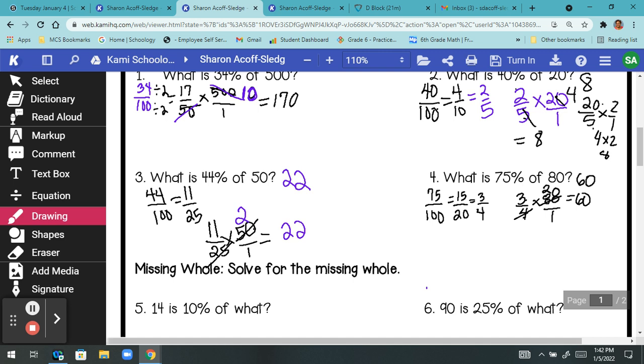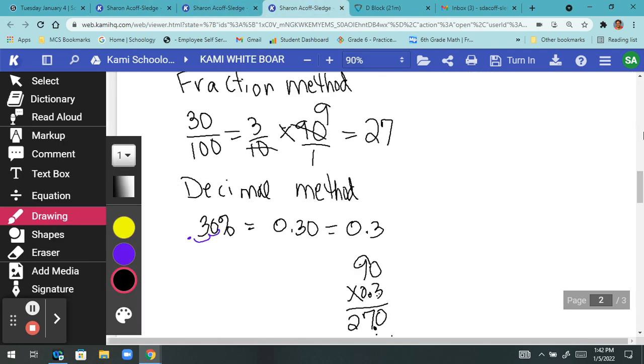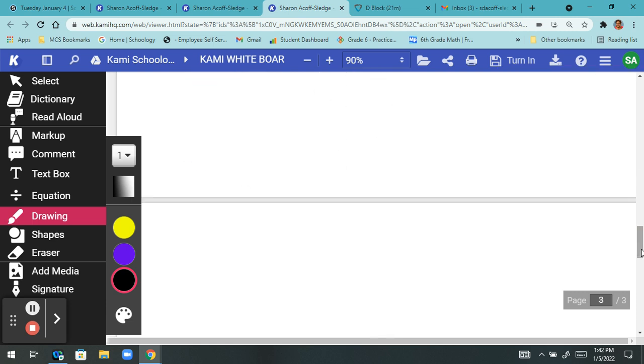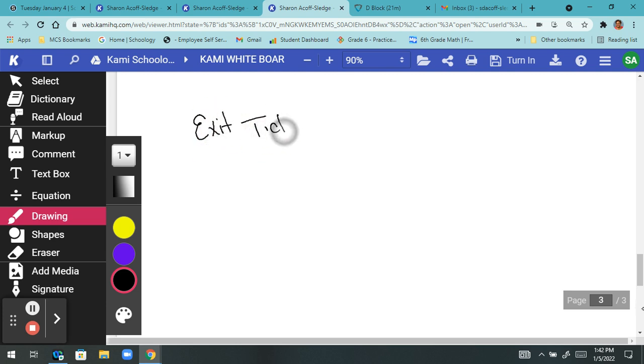Okay, so I think y'all can handle this exit ticket. Exit ticket. Bring the missing part. So you're going to turn this in on a sheet of paper and show all your work.